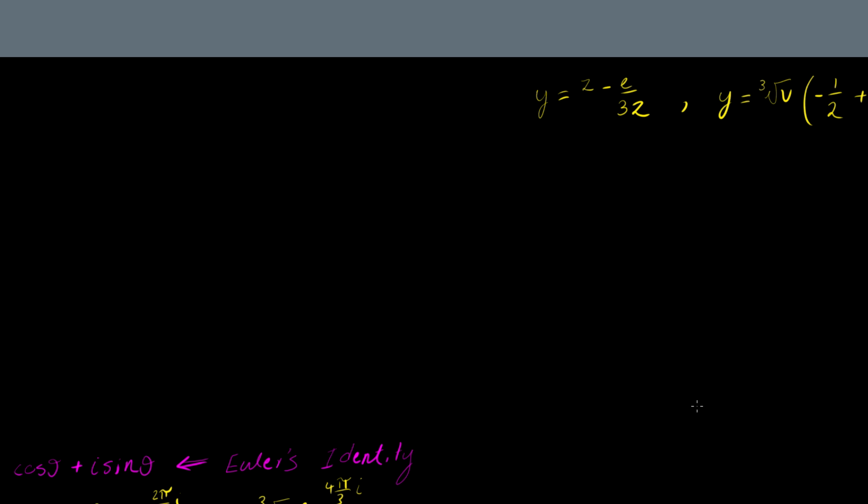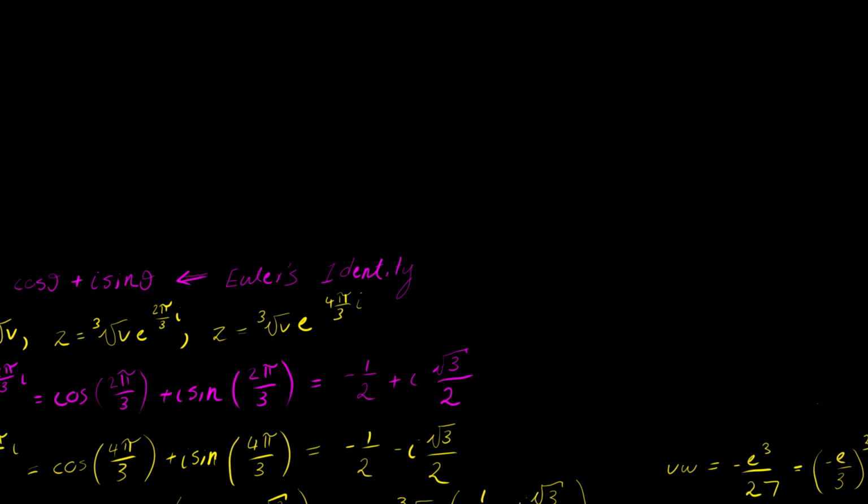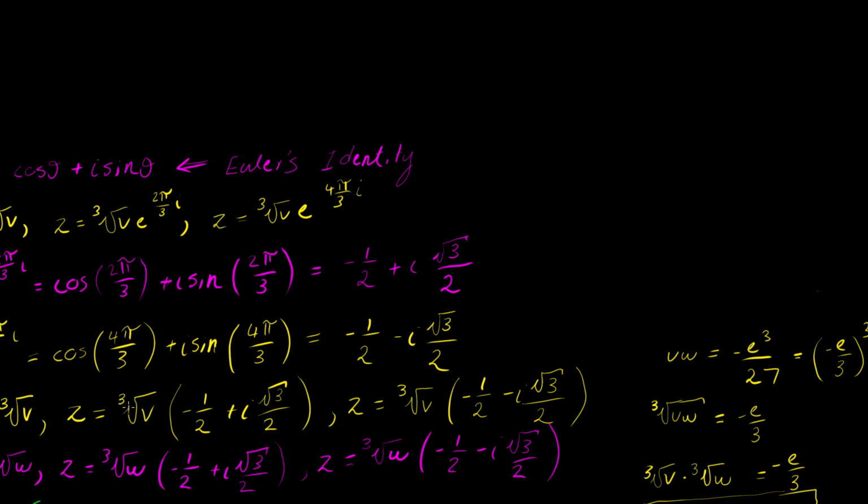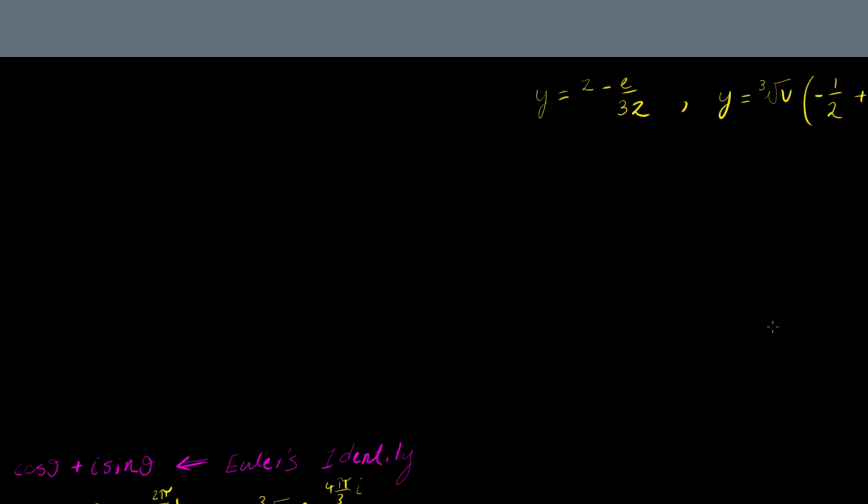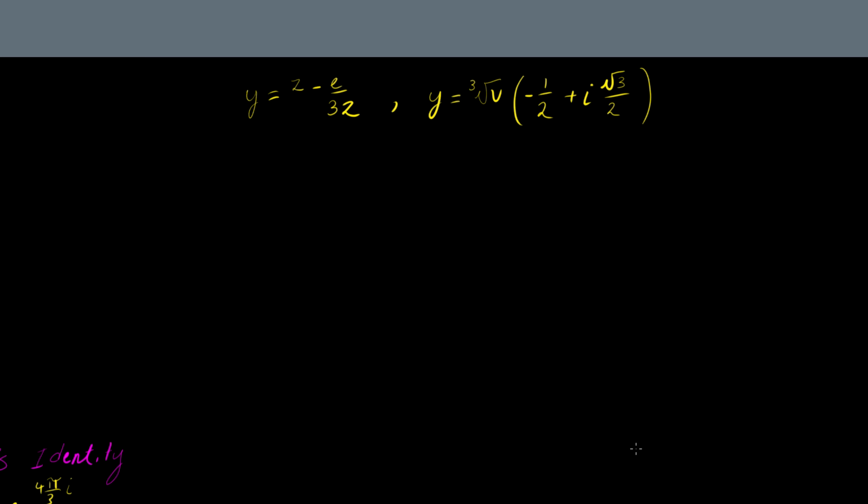So if we plug in another value of z here, it's going to be z minus e over 3z. So 3 times this other possible value of z is going to be 3 times the cube root of v times negative 1/2 plus i roots of 3 over 2.